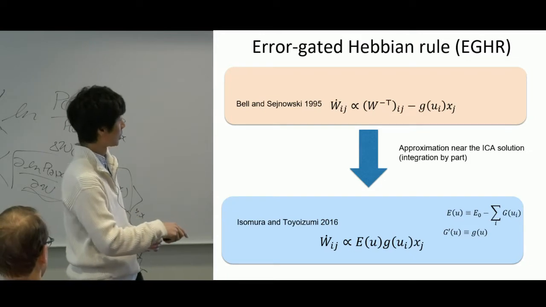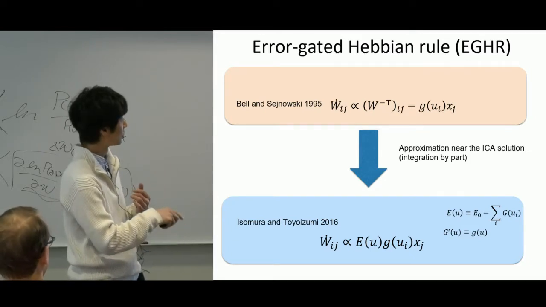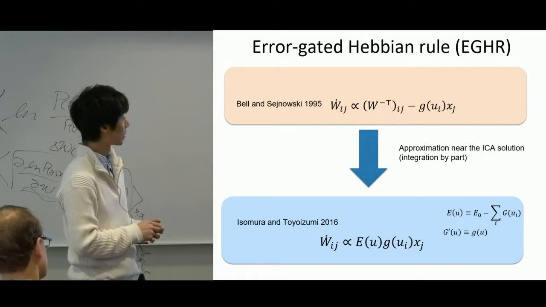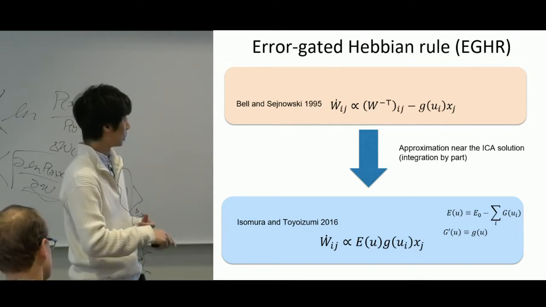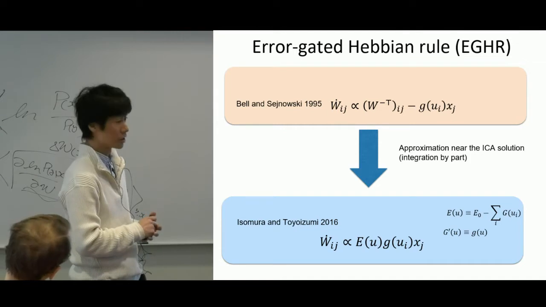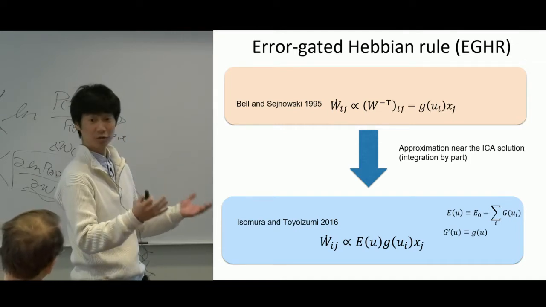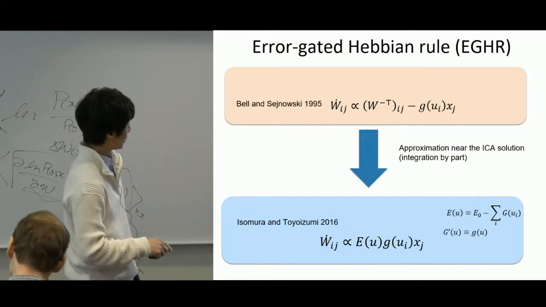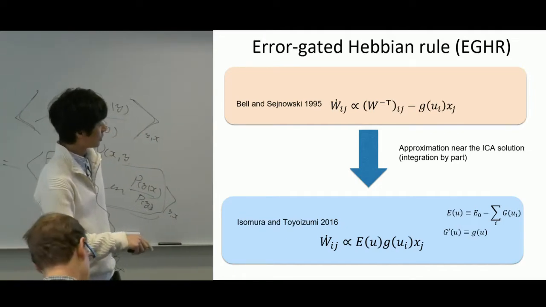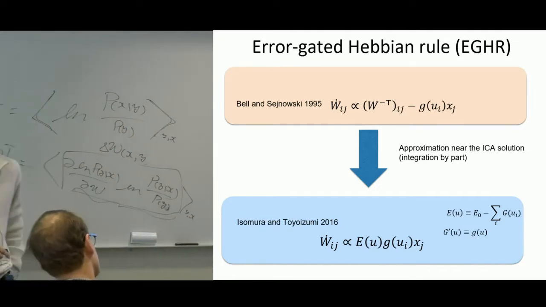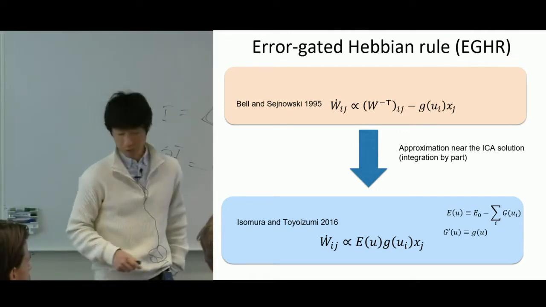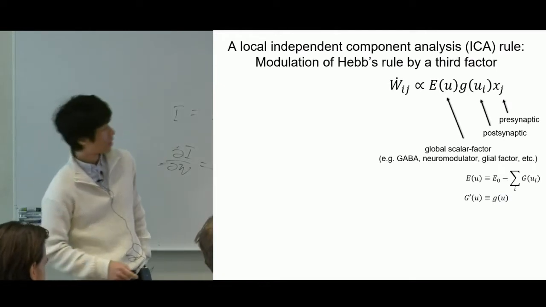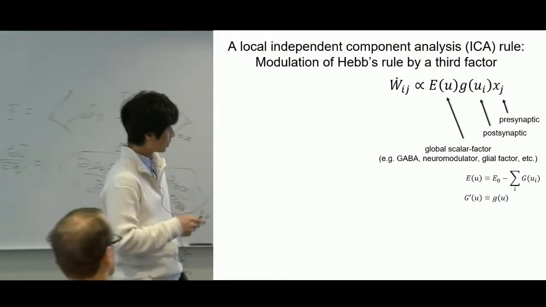Around the ICA solution, these updates are similar, and in fact the difference is negligible up to the second order expansion of the deviation from the solution. So this is a reasonable approximation of Bell and Sejnowski's rule, and it has some nice properties that I will explain next.